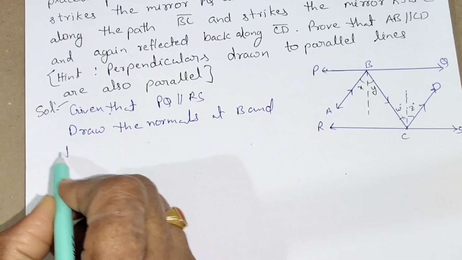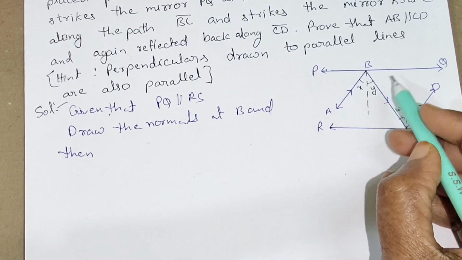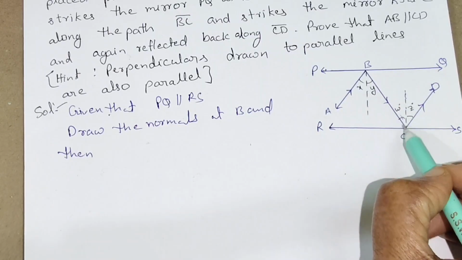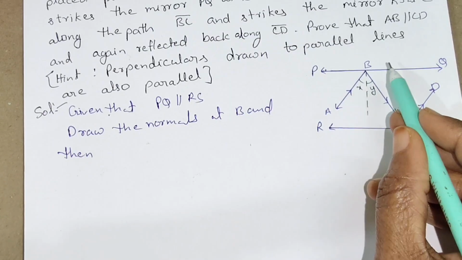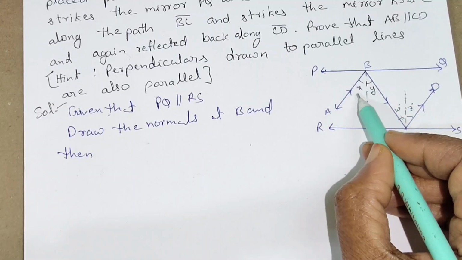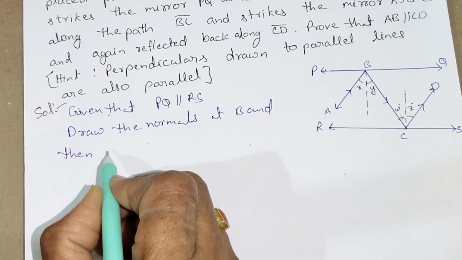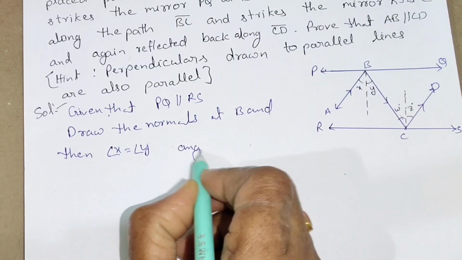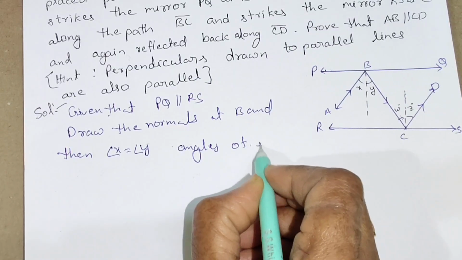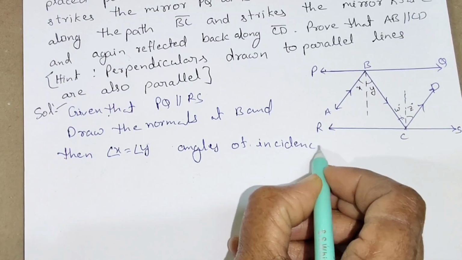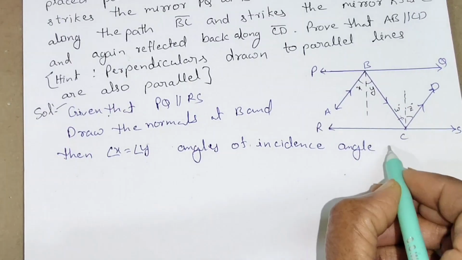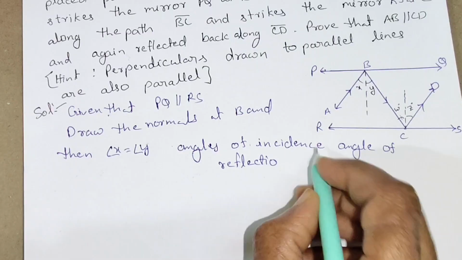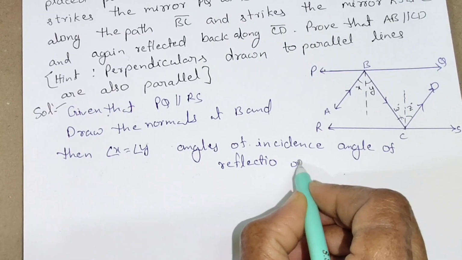Here x equal to y, because AB is the incident ray and BC is the reflected ray. So these two angles are equal. The angle of incidence and angle of reflection are equal.